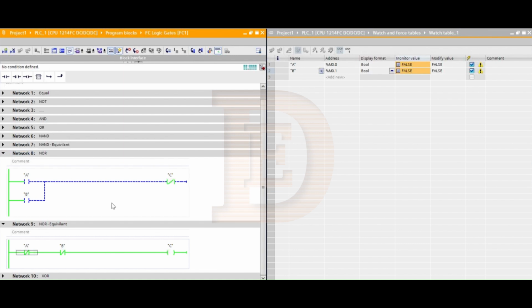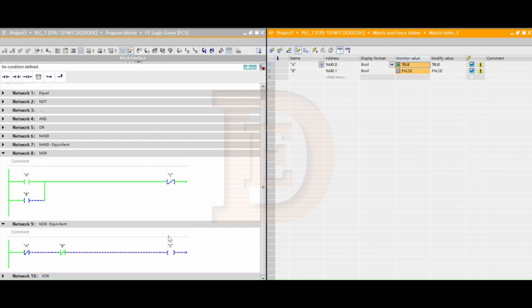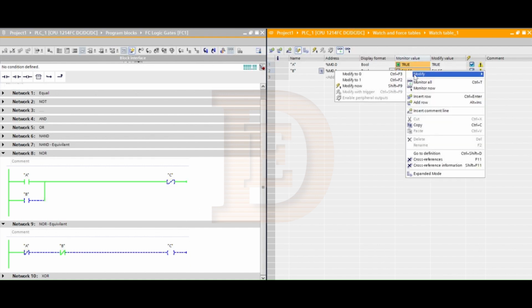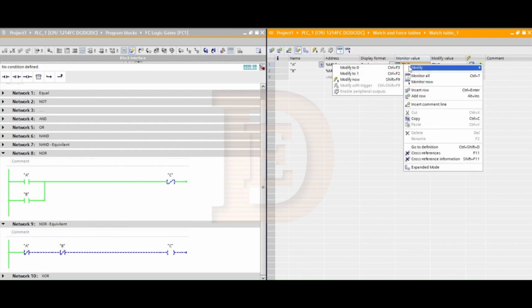And then what is the truth table of NOR? Basically, C can only be true when A and B are false. Because now if I turn any of them on, C will turn off. If I turn both of them on, C will turn off.